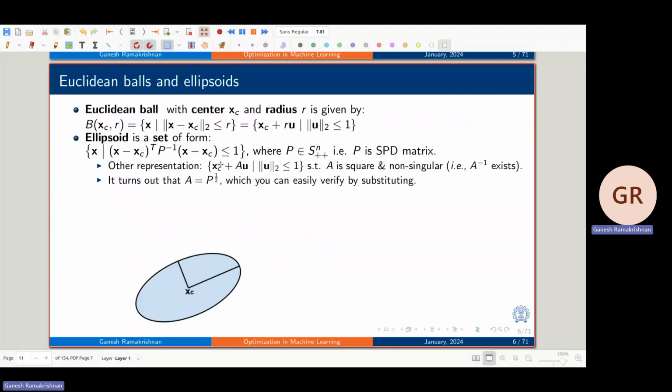Eigen decompose P and then multiply. So your hunch is it will have something to do with the eigen decomposition. You're right. So that's one reason P is a symmetric positive definite matrix. P cannot be an arbitrary matrix. His point is P should have some eigen decomposition which will give you A. So A need not have any such property, but P needs to have this property.